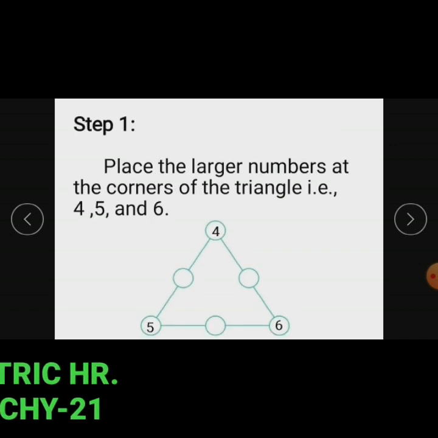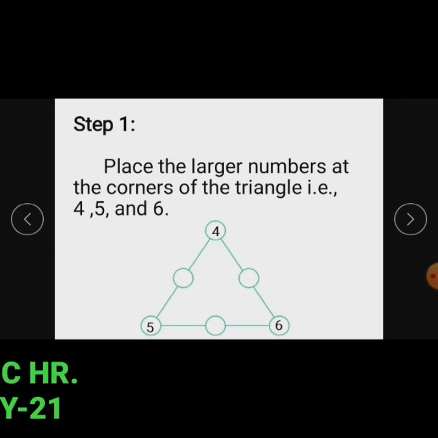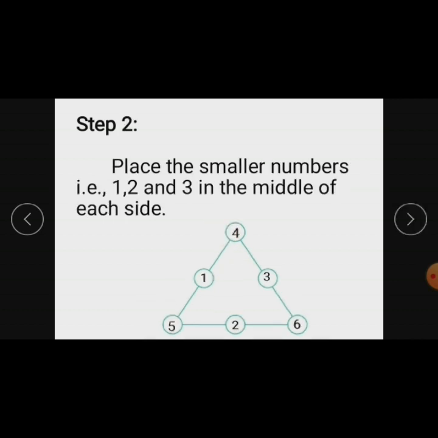So now we fill the magic triangle. Step 1. Place the larger numbers at the corners of the triangle, that is 4, 5 and 6. Step 2.